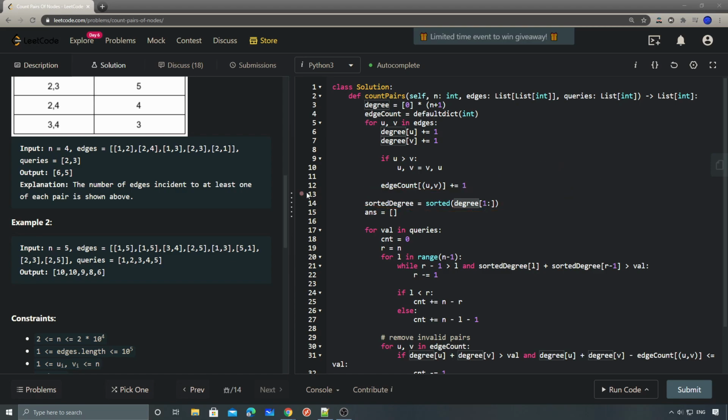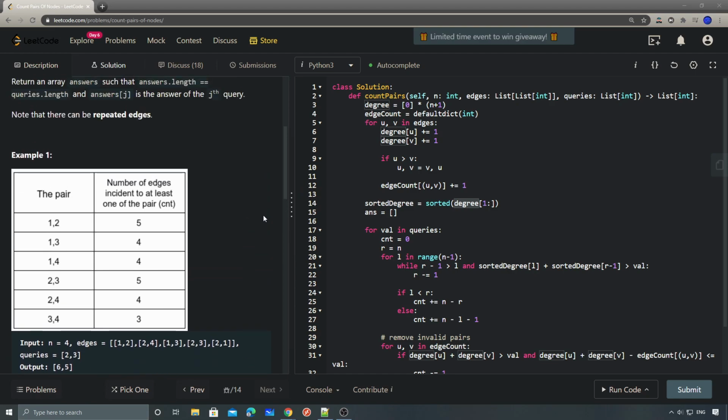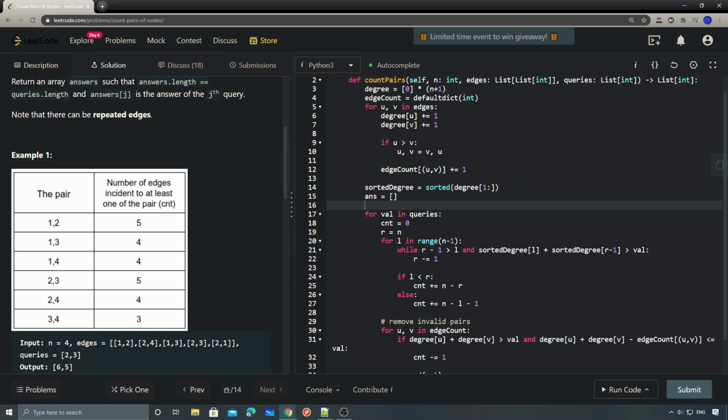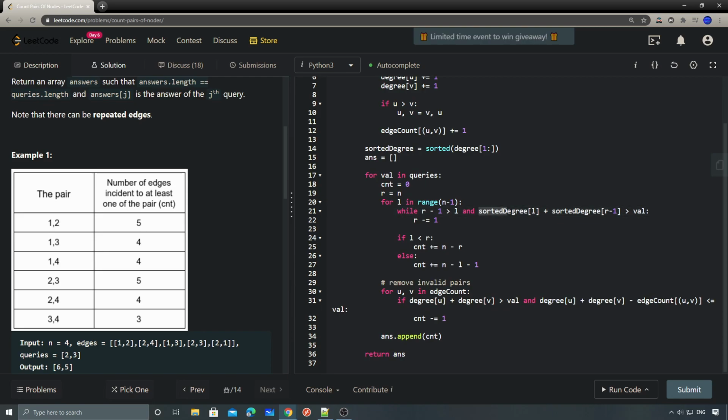Yeah, I think that's pretty much it for this problem. Basically we calculate the degree first, and since we count the pairs separately by only considering the degrees for u and v, we can use the two-pointer technique after sorting the degrees to quickly calculate the total pairs.